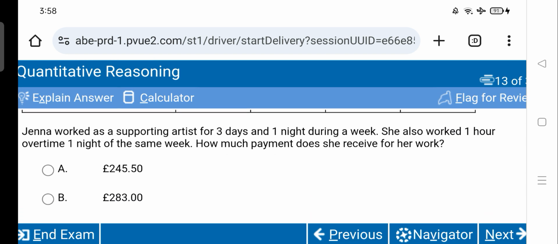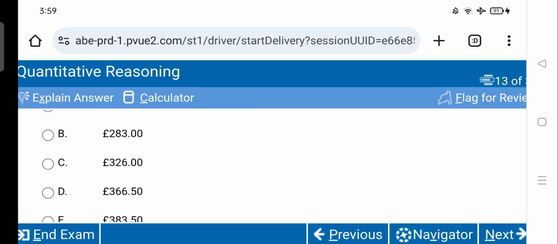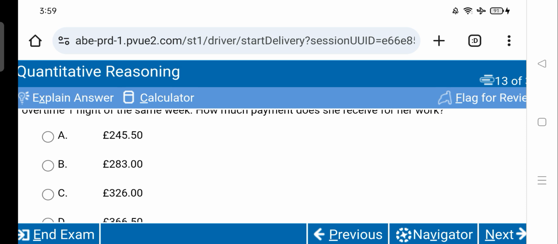And the question is: Gina worked as a supporting artist for 3 days and 1 night during a week. She also worked 1 hour overtime one night of the same week. How much payment does she receive for her work? Option A 245.50 pounds.